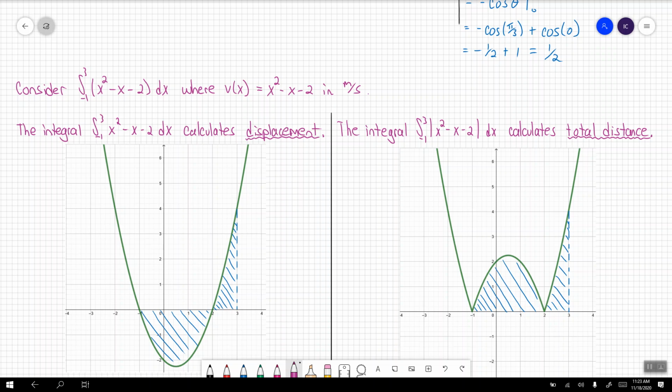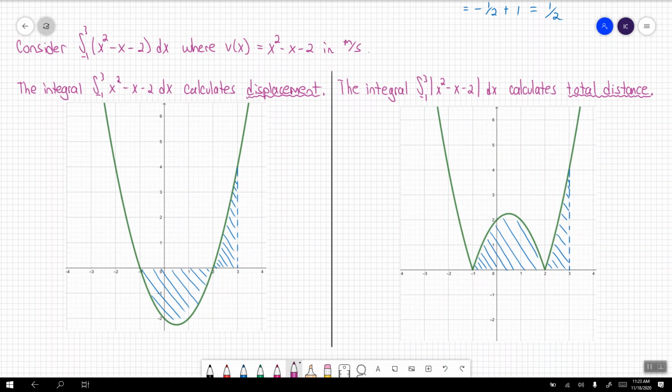That unit of measurement is strictly just meters. If we talk about the absolute value of the function, then we get the total distance that was traveled. The area is still in terms of meters.